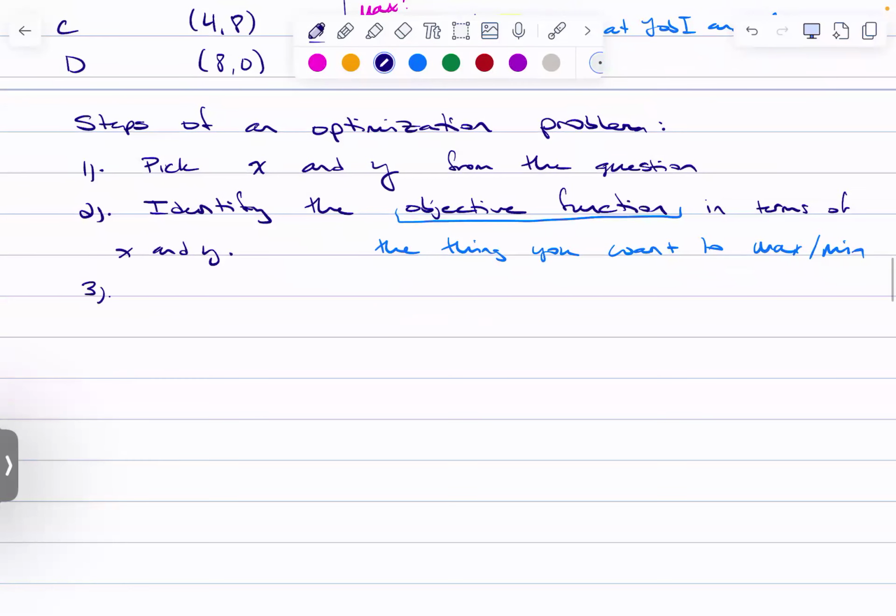And then you're going to list all the constraints, right? So then you'll list all the constraints in the problem, also in terms of x and y.